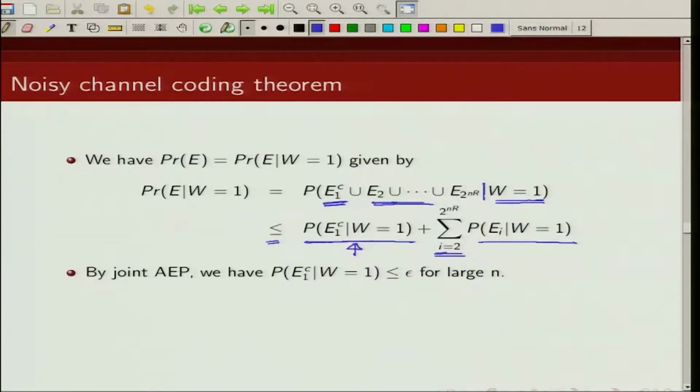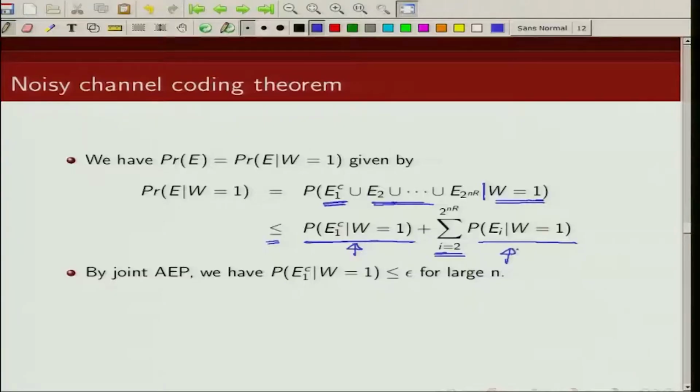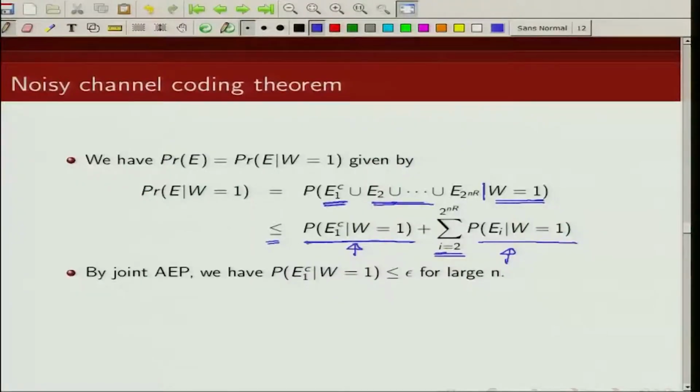So the first term corresponds to the event that X^n(1) and Y^n are not jointly typical, and the second corresponds to the event that any other index, let us say X^n(2), X^n(3), X^n(4), is jointly typical with Y^n. So the error probability is upper bounded by these two probabilities.